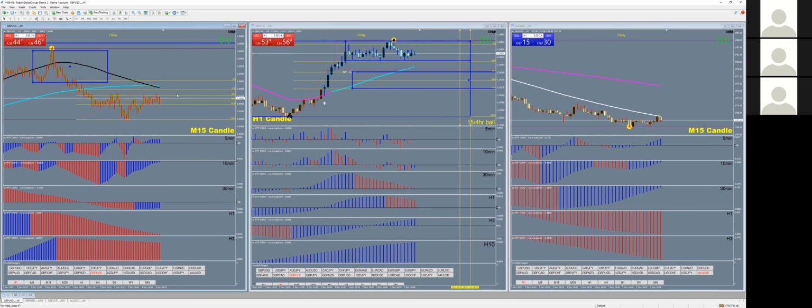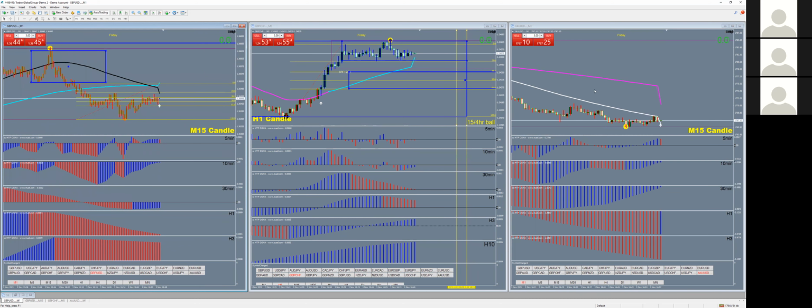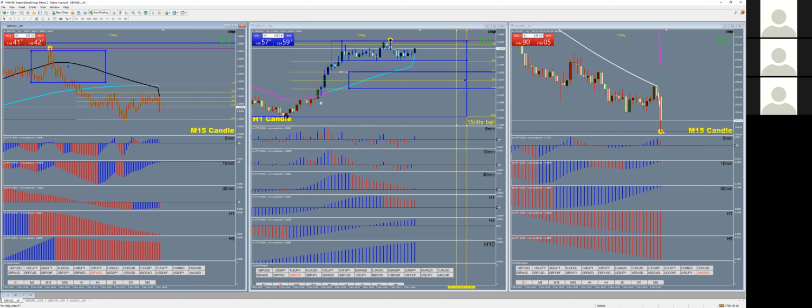Yeah, it just went up and took the M30 candles with it. Jesus, look at that. Spiked. Oh, the news came out. Yeah, better than expected.